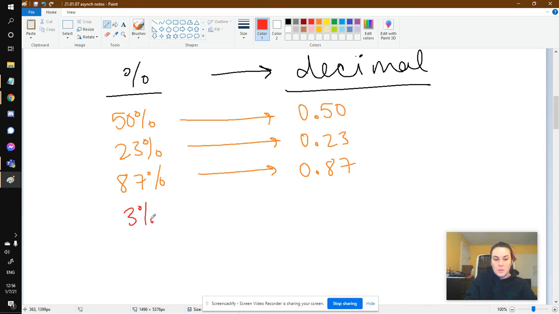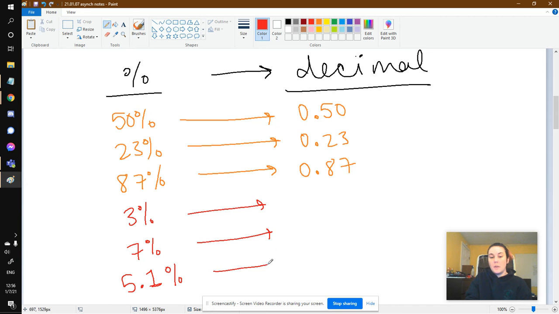When we say like 3% or 7%, or even like 5.1%, right? This is, I think, the hardest one of all of them. Whenever we have single digit numbers, we don't want to write 0.3 because this is 30%, right?